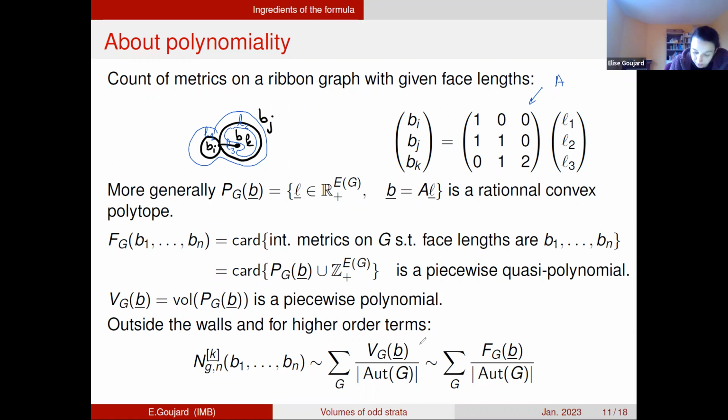So this is always equal for the higher order terms. The number of integer points is asymptotically the volume of the polytope when you consider big lengths bi. So the problem is really what happens on the walls. This is the question.